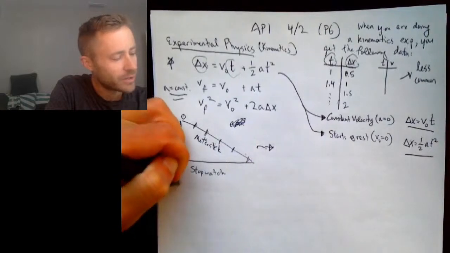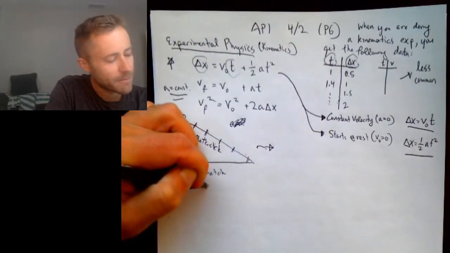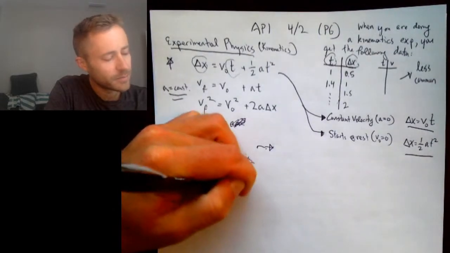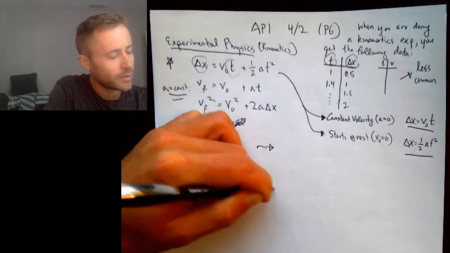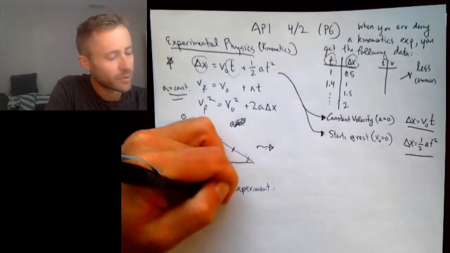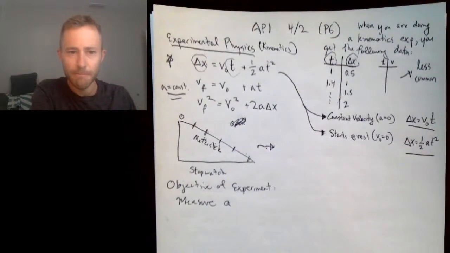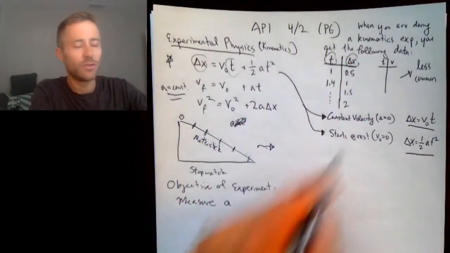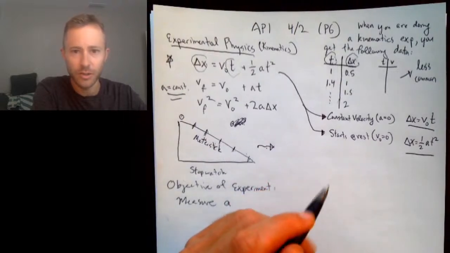The objective of the experiment is to measure the acceleration. And we can't directly measure it. What we get is position versus time, and we have to use that to deduce what the acceleration is.